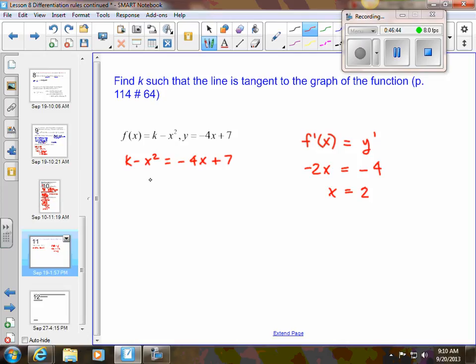We can then replace x in the other equation and find k. So k minus 4 equals negative 8 plus 7. K minus 4 equals negative 1. K equals 3. Does that problem seem familiar?